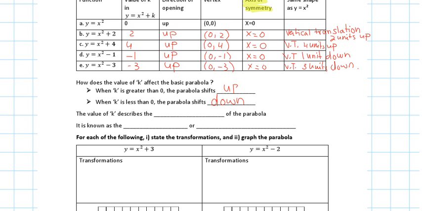The value of k describes the vertical translation of the parabola.